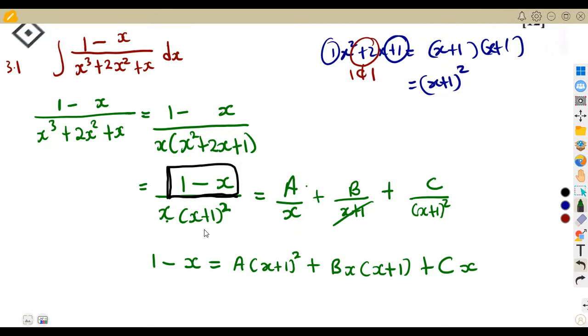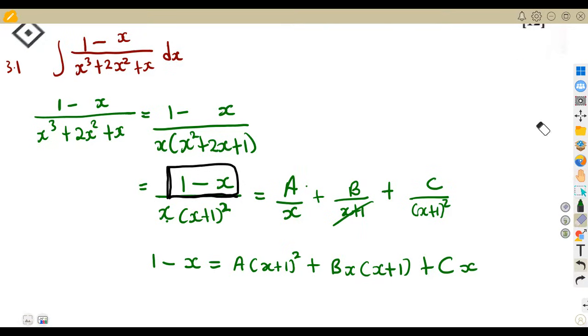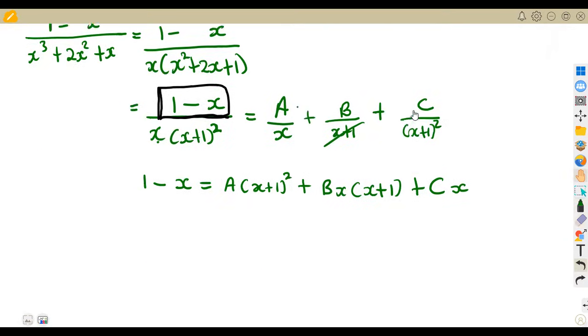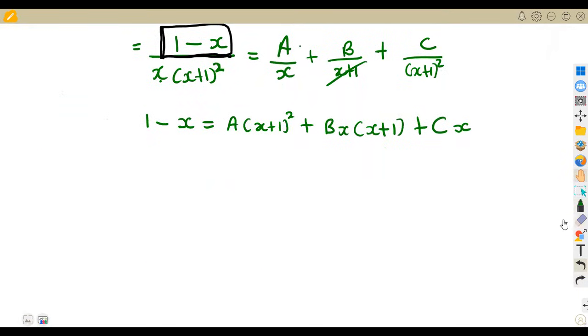At this stage, we have formed what we refer to as an equation that we can take advantage of. How? One, we choose linear terms that we can set equal to 0. Linear terms, I'm talking about the bracket of x plus 1. I have also a bracket of x plus 1 there.